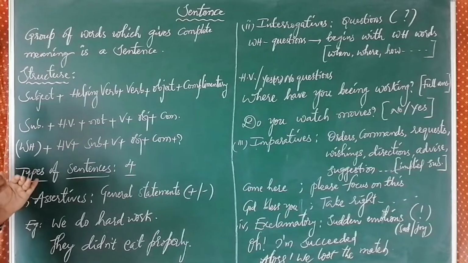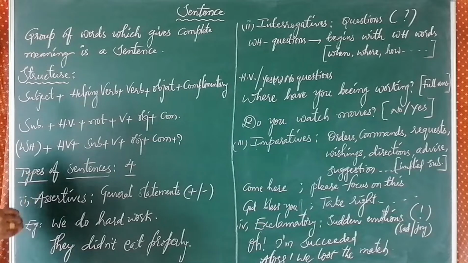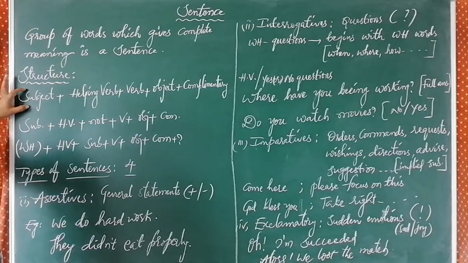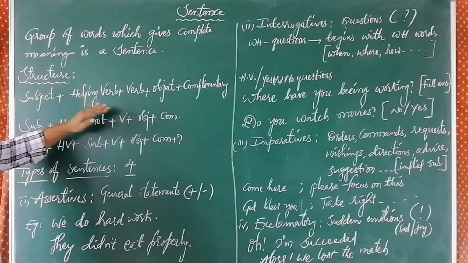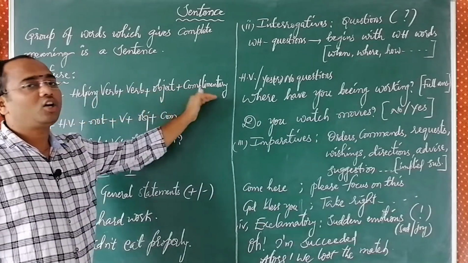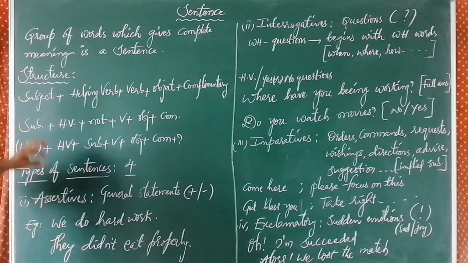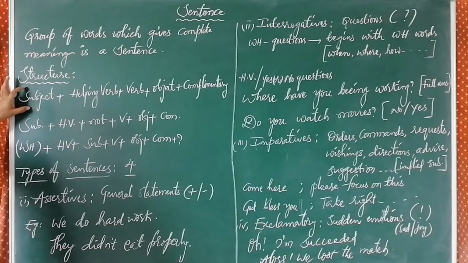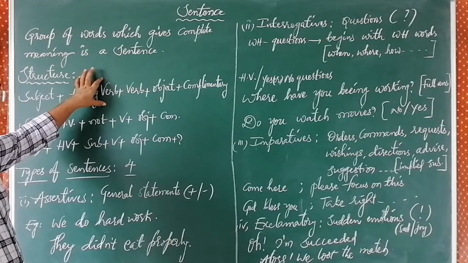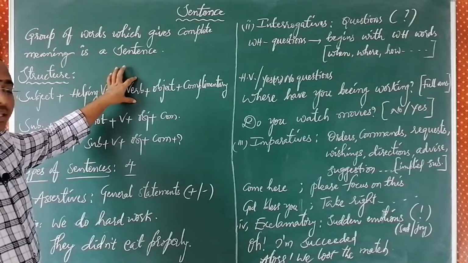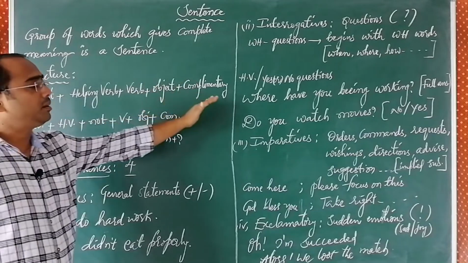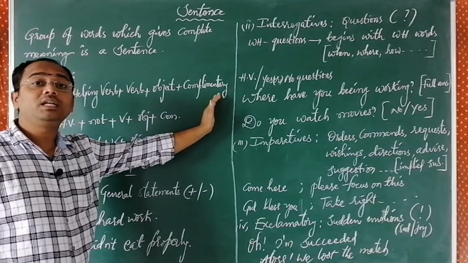Generally, whenever you write a sentence, we need to start with the subject, immediately followed by helping verb, verb, object, complementary. As we discussed in the previous video, subject means which does the work, helping verb means which shows the time, verb means an action, object means which receives the work of subject, complementary means which gives beauty to the sentence.